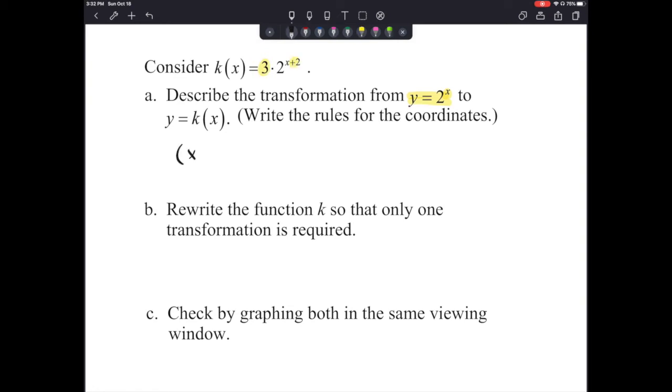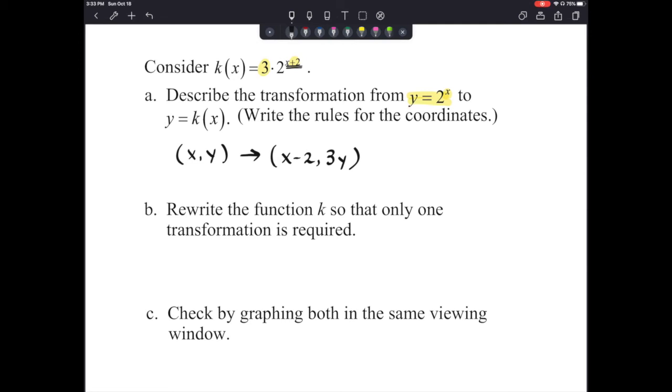Our rule would go from x comma y to, we're going to have to do the inverse of what's happening to x, so x minus 2, and then 3 times our y value. That is our new rule for our transformed coordinates.